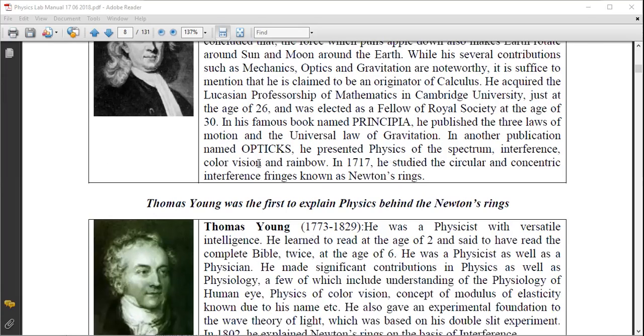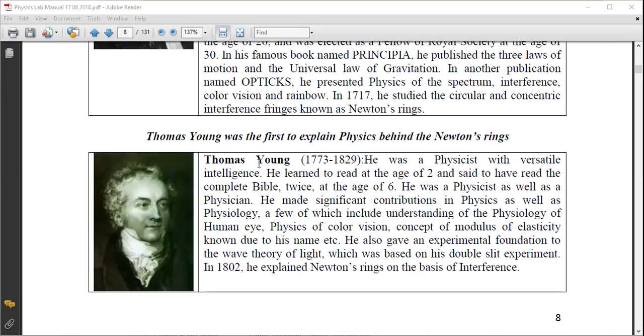And then Thomas Young, another physicist, was able to explain the phenomena observed by Newton. The physics behind Newton's ring was explained by Thomas Young. He was, I think, a British physicist.